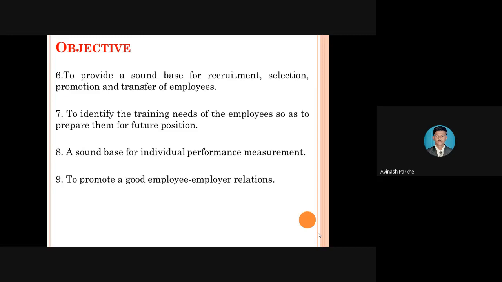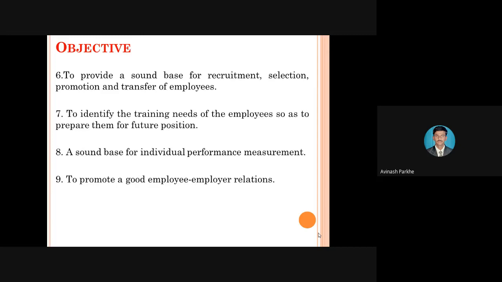If I have to go for the selection of skilled or unskilled operators, again the job evaluation plays a very important role. If I have to go for a promotion, say one worker has been working in the industry for the last 10 years, then based on their performance and on the job evaluation process, we have to use this concept.